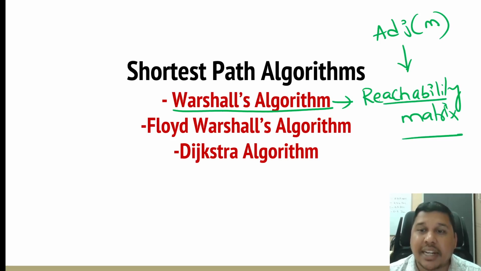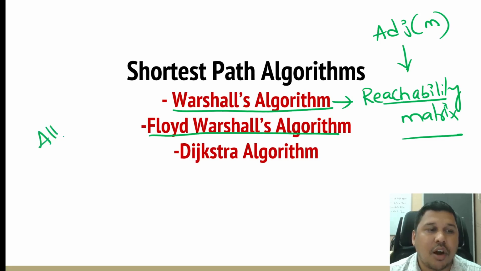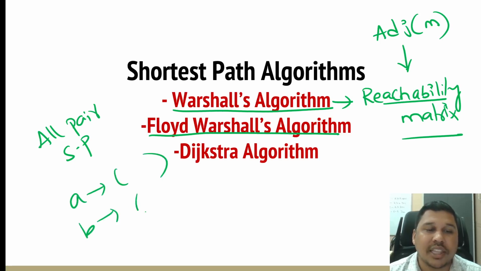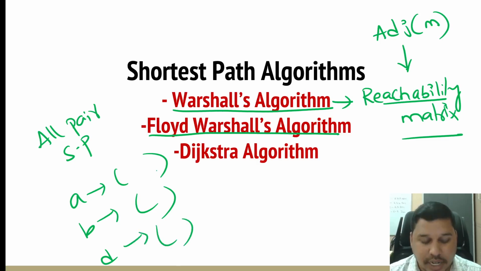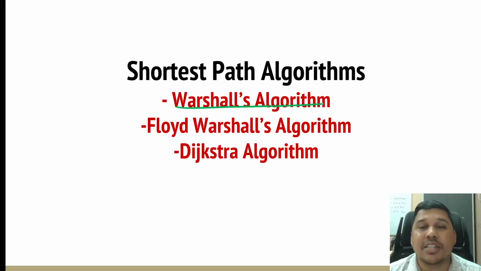This reachability matrix will help us in finding the all pair shortest path, meaning from A to all other vertices, from B to all other vertices, from C to D, from everywhere. If we slightly modify the approach in Warshall's algorithm, it becomes Floyd-Warshall.